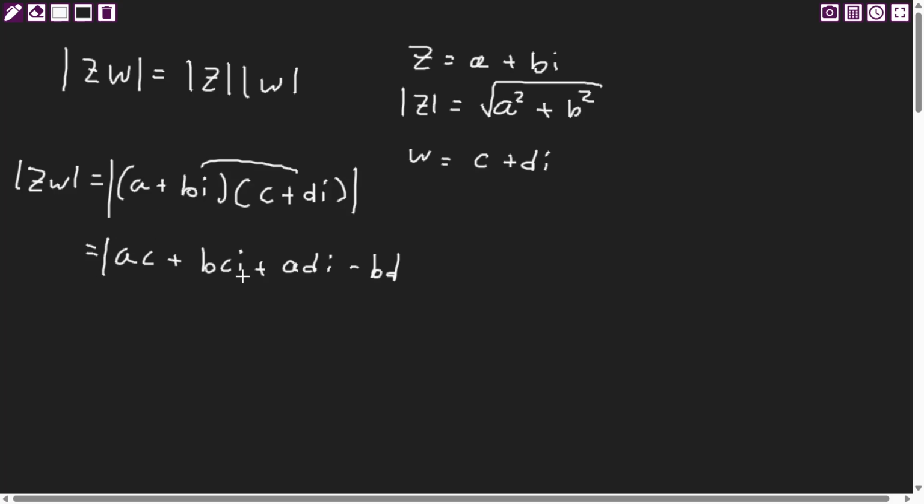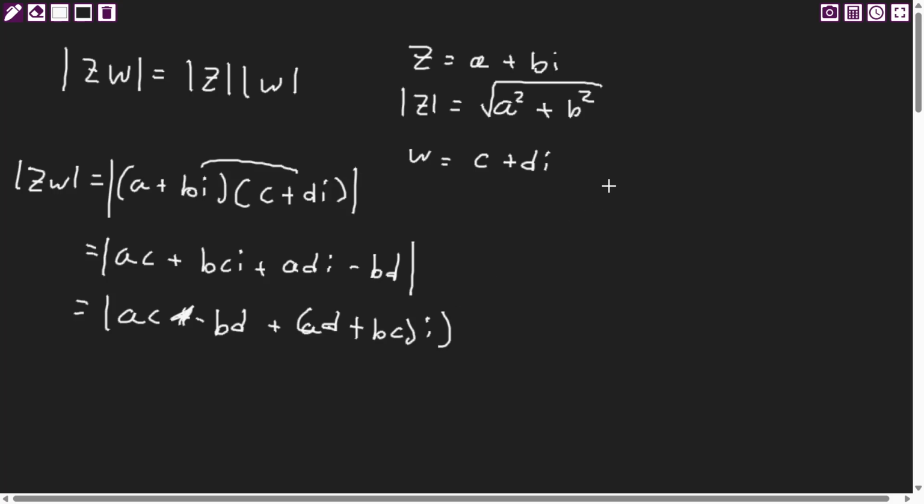So we take the modulus of this. This is ac minus bd, add ad plus bc, i.